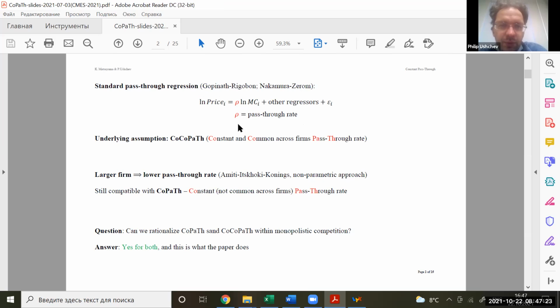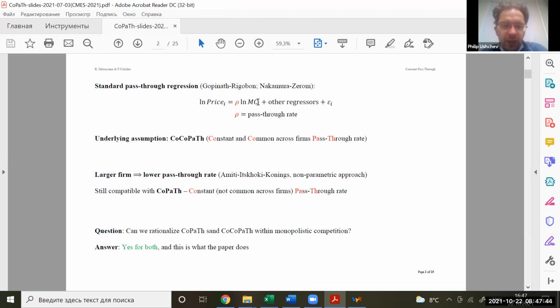So the object of interest here is the pass-through rate. Whenever you run a regression like this, you want to study pass-through, the elasticity of price with respect to marginal cost or any kind of proxy of marginal cost.